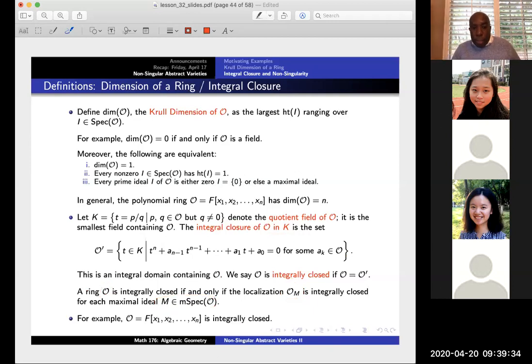The main thing I want to discuss is this statement, that this polynomial ring over n variables is integrally closed. So this is the concept of integral closure.